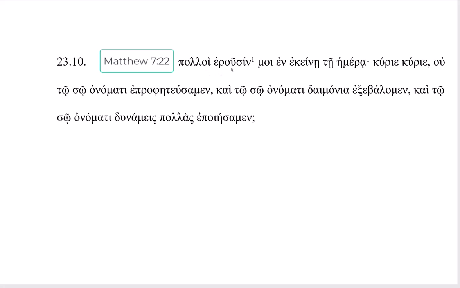So many will say to me, moi, a dative of ego, meaning just to me, en ekeine te hemera. So this is a demonstrative pronoun, ekeine, in that day. So many will say to me in that day, Kyrie, Kyrie, Lord, Lord. This is two vocatives.